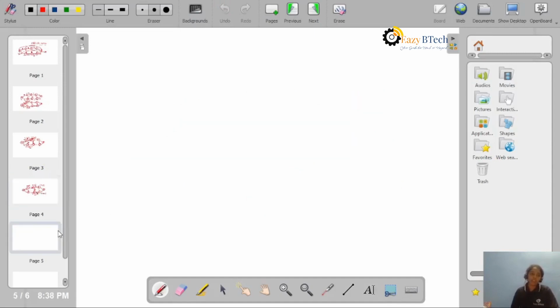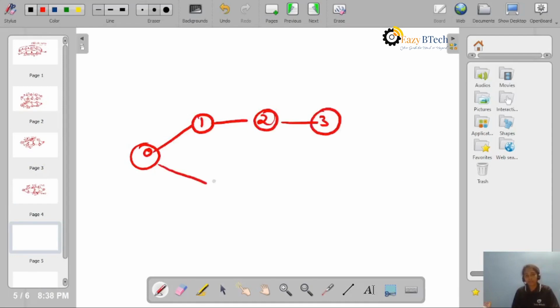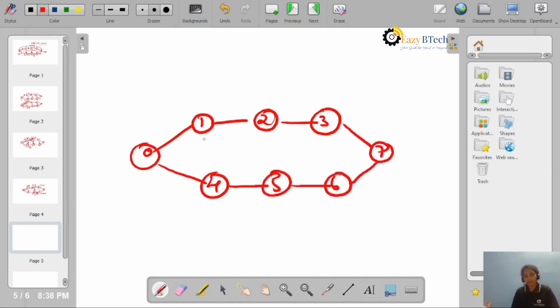Neatly draw the graph again. 0 to 1, 1 to 2, 2 to 3. So write down each and every node cost.